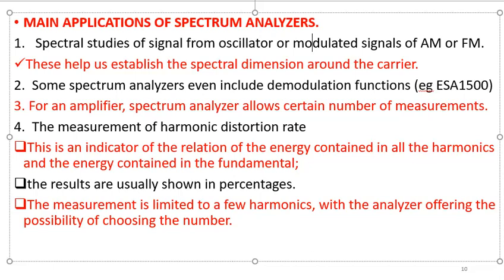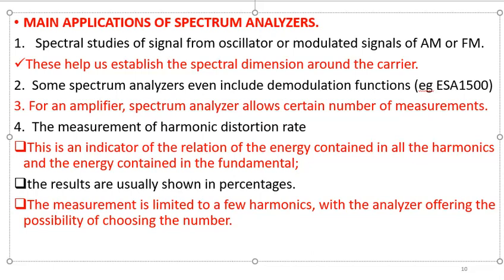We also use spectrum analyzers for carrying out analysis of amplifiers. And amplifiers, as we know, we have different types. So we can use a spectrum analyzer to see the amplitude of the signal at different frequencies. And finally, we use spectrum analyzers to carry out analysis of what we call harmonic distortion.